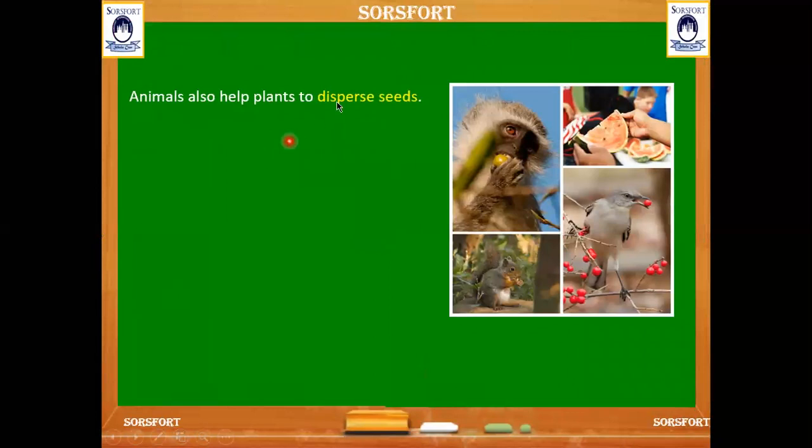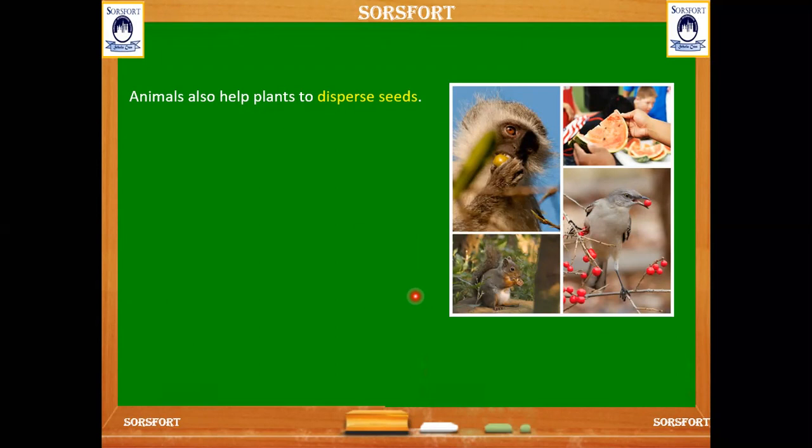And animals also help the plant to disperse seeds. You can see some birds or small animals take the fruit from the plant and go to another place. When they finish the fruit and throw away the seeds, a new plant grows from that seed in the place where they throw it. Thus, animals help to grow new plants by dispersing seeds wherever they move.